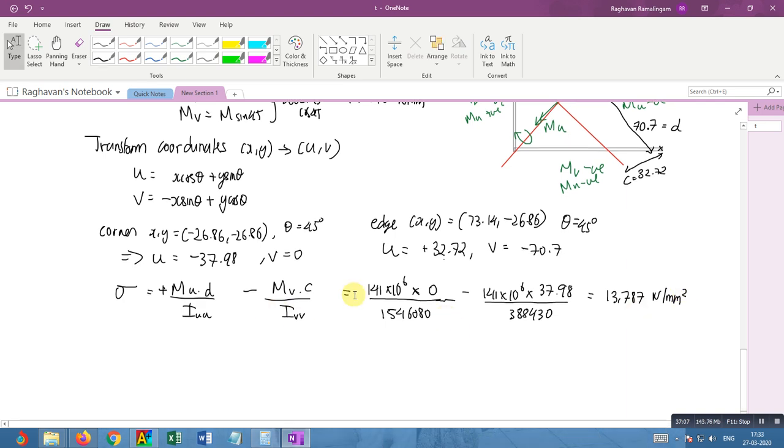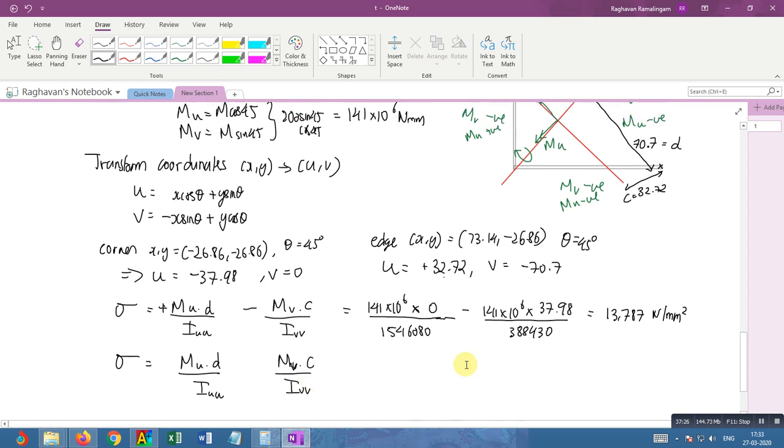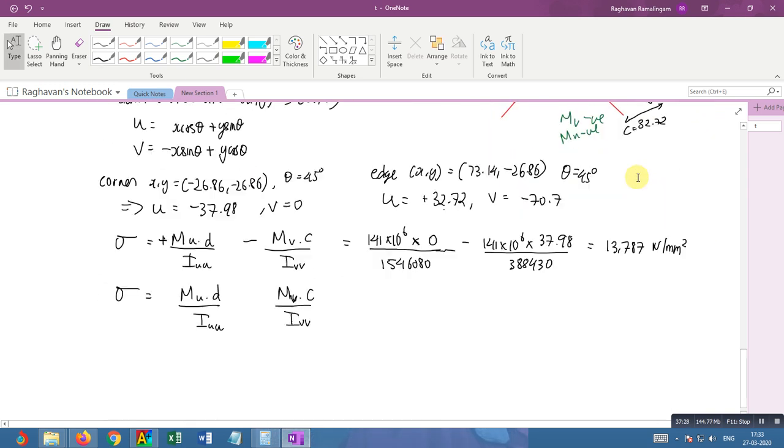Coming to the next point, this corner. So mu d by Iuu, mv c by Ivv. What signs do I use? It's in this quadrant: mv is positive, mu is negative.